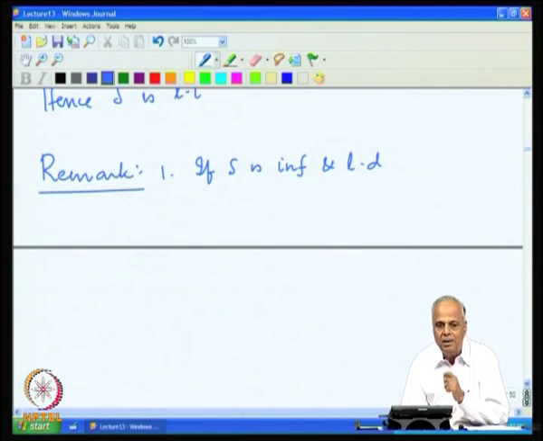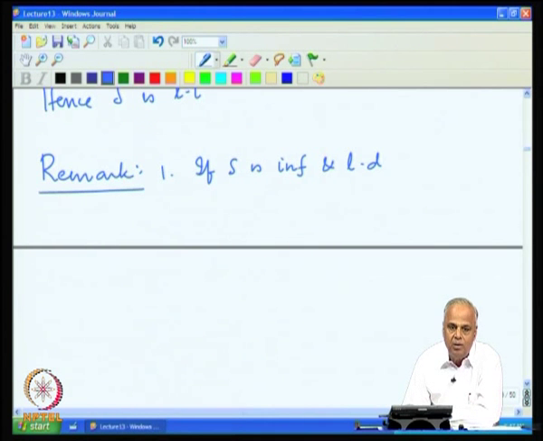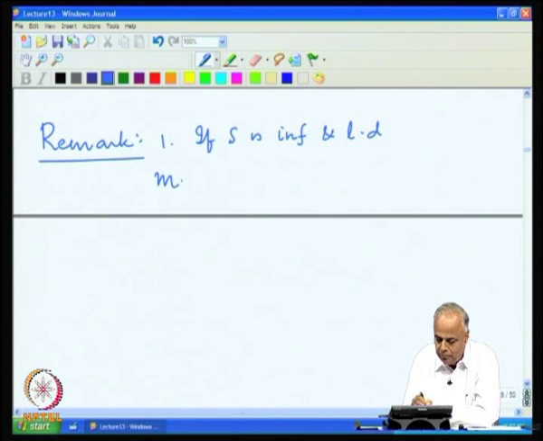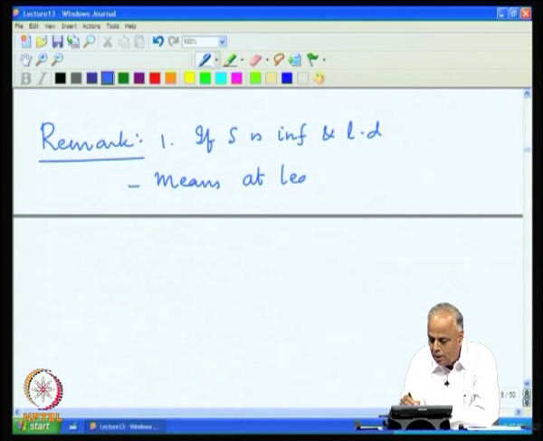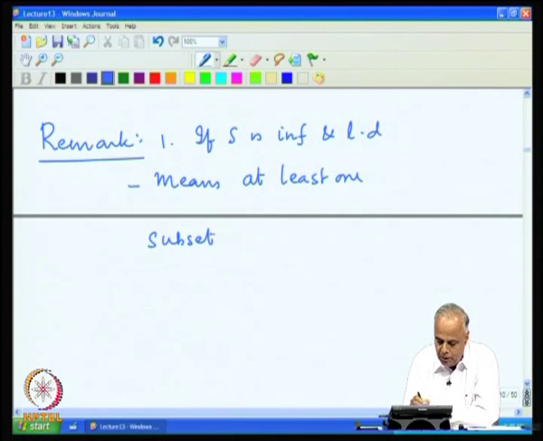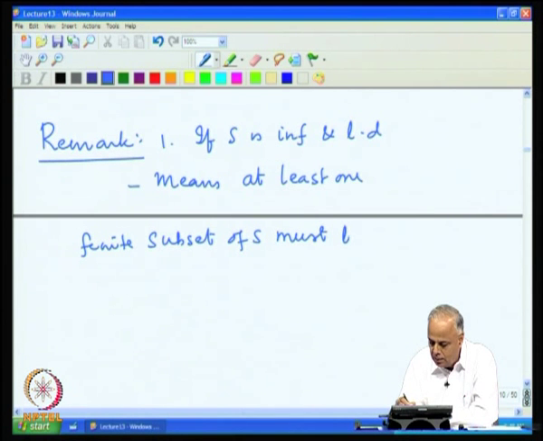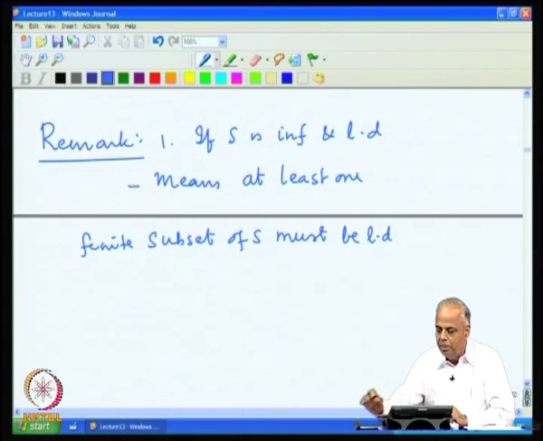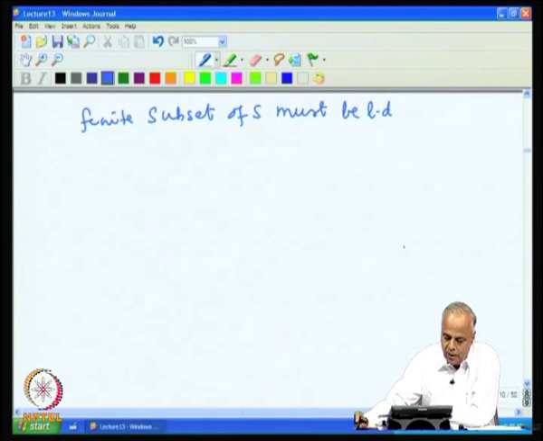Negation means at least one finite subset will not be linearly independent. That means at least one finite subset of S must be linearly dependent. That is the important property of linear independence and linear dependence when we are talking about infinite sets.